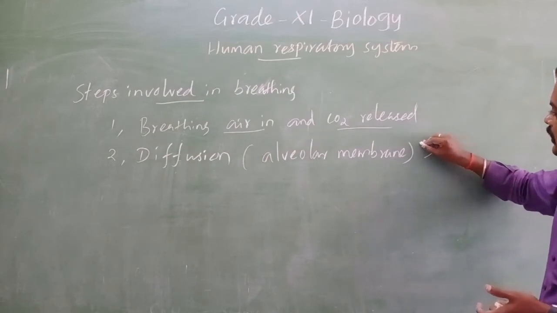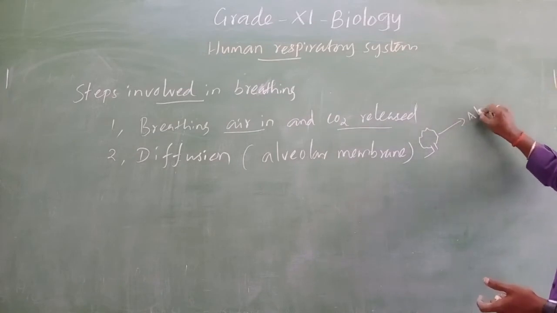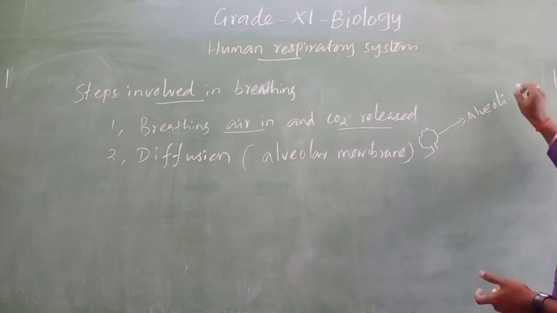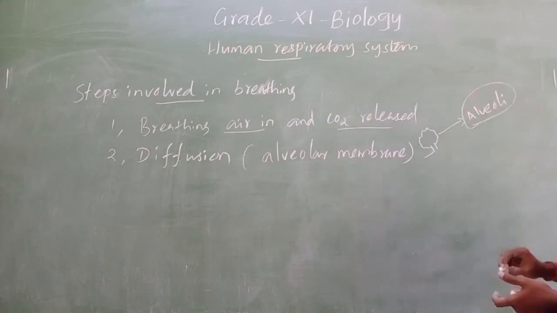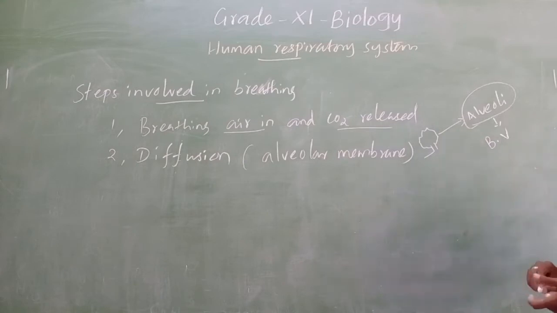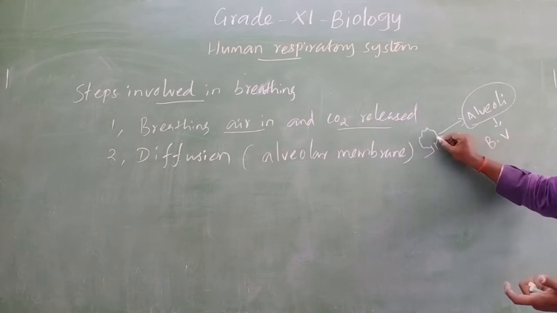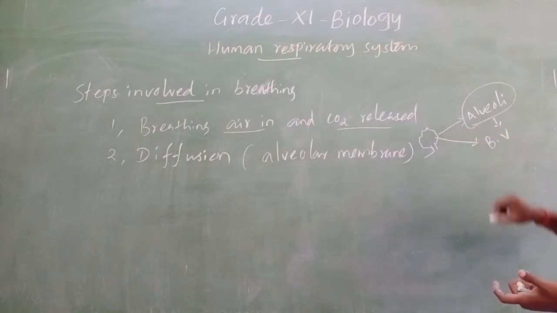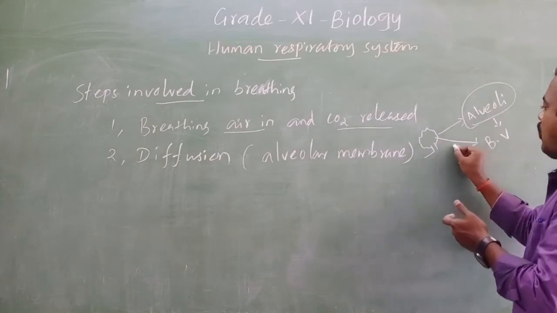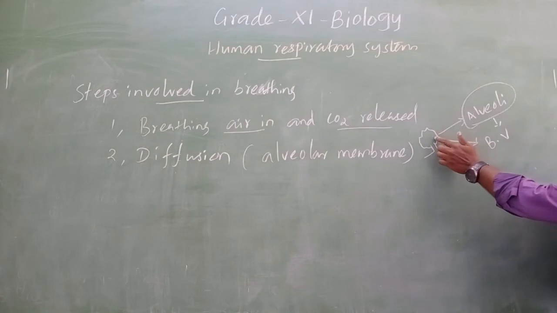In the alveoli, what is connected? Blood vessels, which carry blood. So diffusion has happened. Due to the diffusion, the oxygen enters the blood vessels.